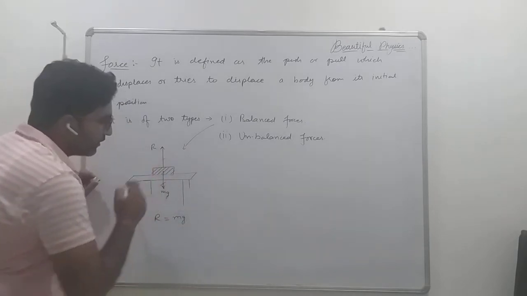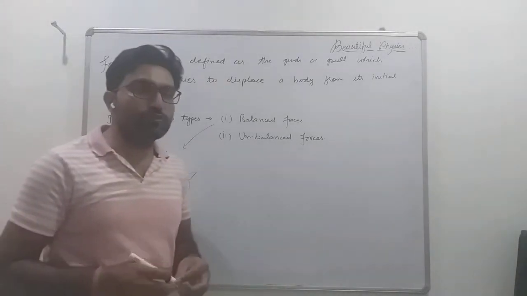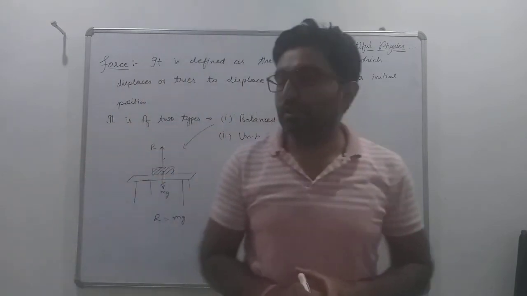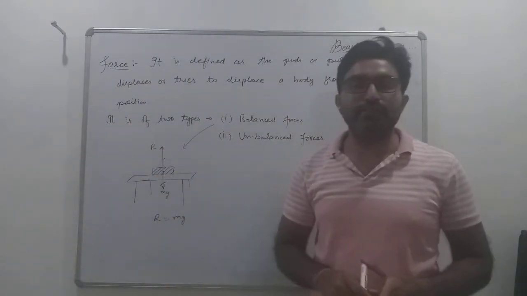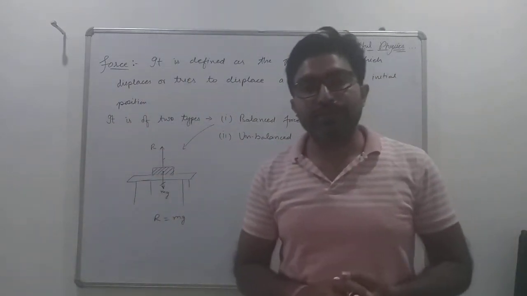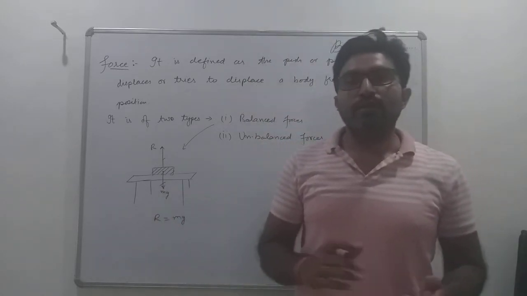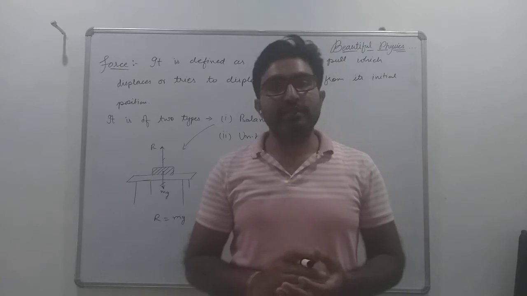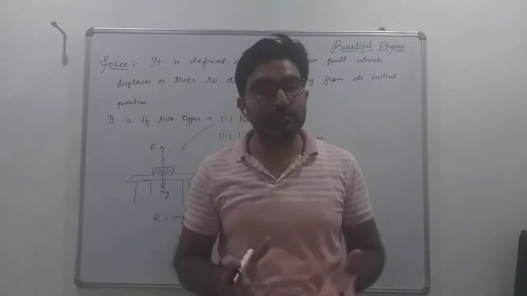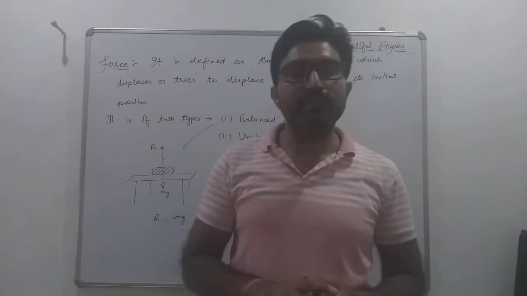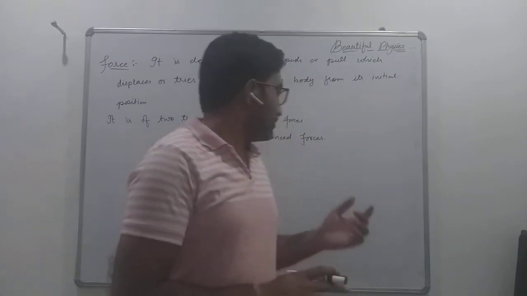So the net effect of the normal reaction and the weight of the body is zero. So the forces acting on the body which lies on the table are balanced forces. All the bodies which are at rest around us are said to have balanced forces.